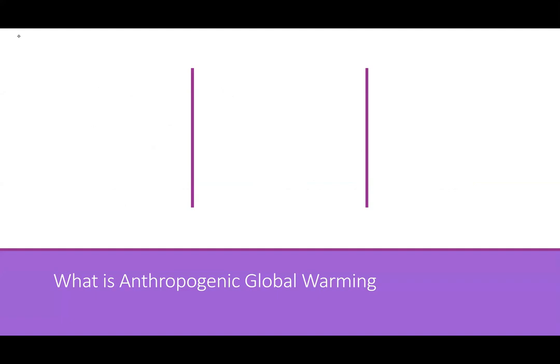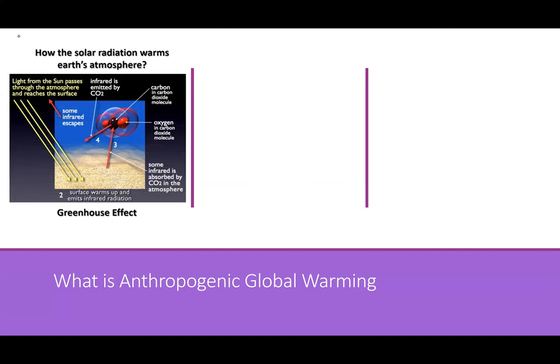So I'll start with anthropogenic global warming, and I will divide it into 3 parts. The first is the concept of the greenhouse effect. We have been hearing it, and we kind of know it, but just to put it in context, because I will refer to the term radiative forcing, and I want you to know what I mean.